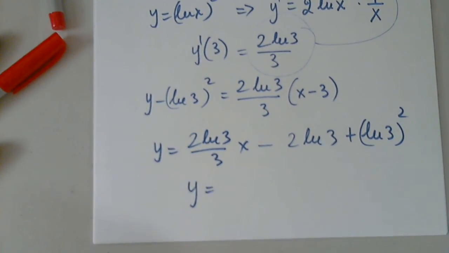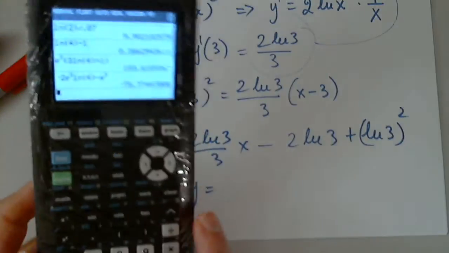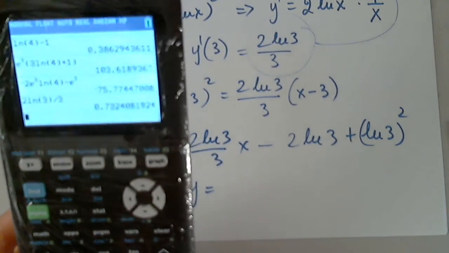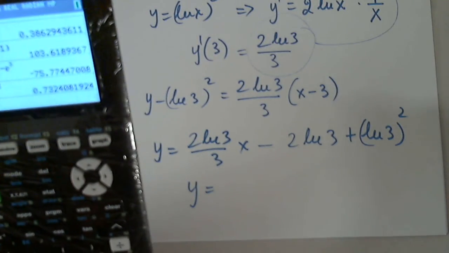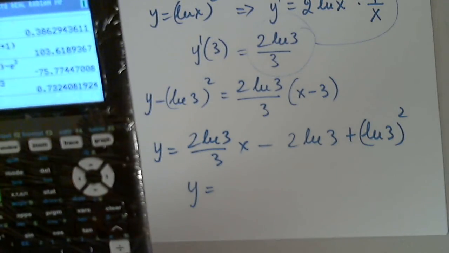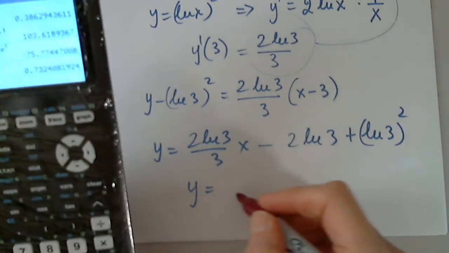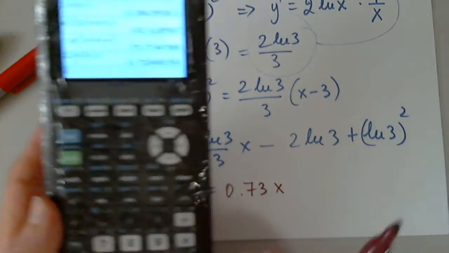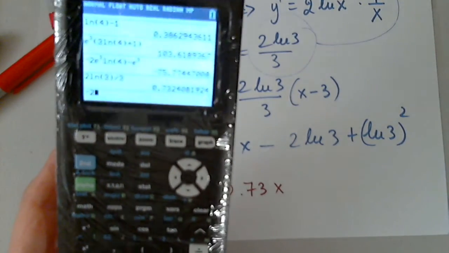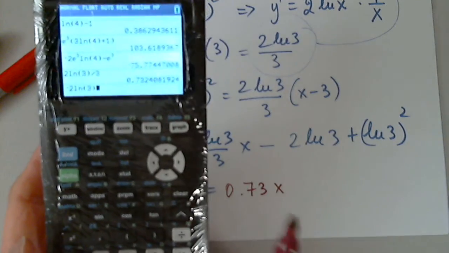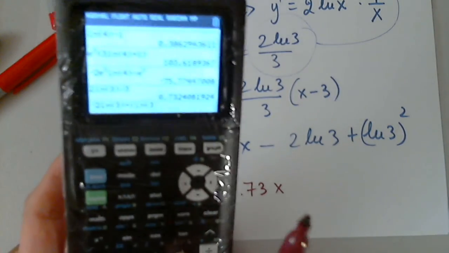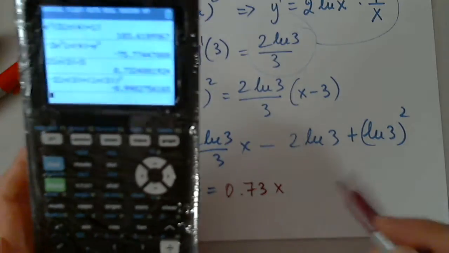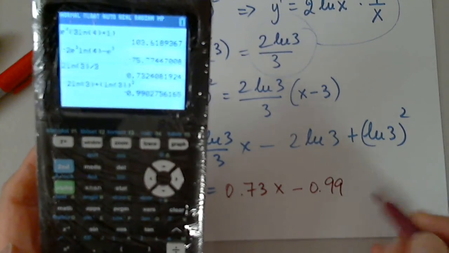Now I'll determine these numbers. 2 natural log 3 divided by 3 is 0.73. I don't know how many decimal digits they want, so I stuck with 2. And now negative 2 natural log 3 plus natural log 3 squared is negative 0.99.